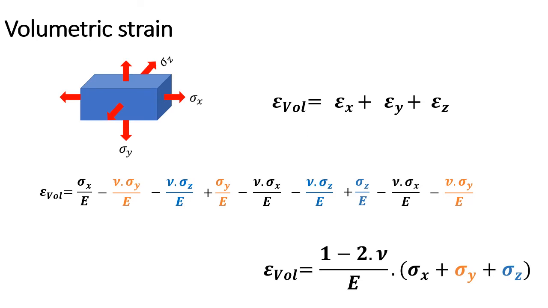We know now then that our volumetric strain is just the summation of the strain in the x, y and z directions. And we also have the relationship for the strain in those directions related to the different stresses that could be on it. So in the three-dimensional scenario, we'll have a strain in the x, y and z directions.